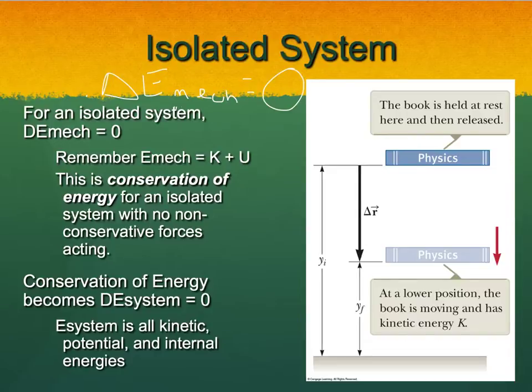So my total energy here should remain constant, and I don't have to worry about changes in kinetic energy and potential energy. Ultimately, the changes in K and delta U should all sum to 0. So let's do a couple of examples where we're looking at an isolated system. Let's go to the next slide.